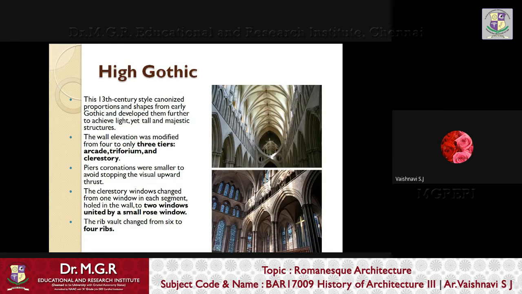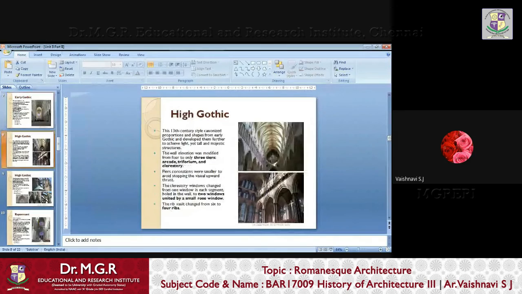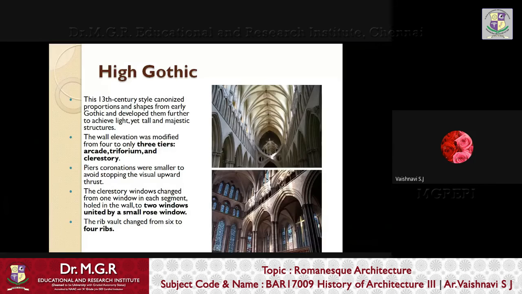They didn't mention the gallery, and then they changed the clerestory windows. One window was changed, and then it was united by a small rose window.